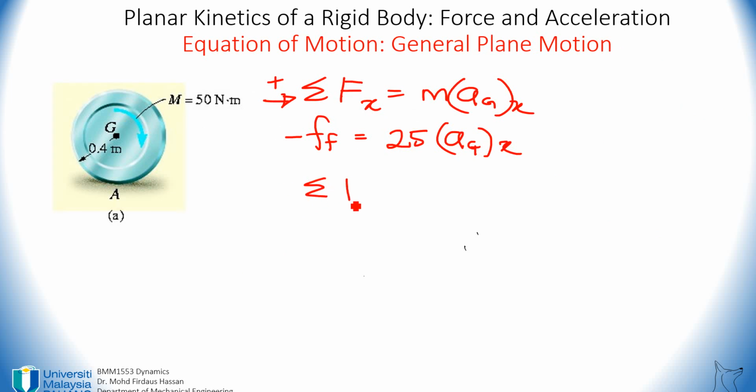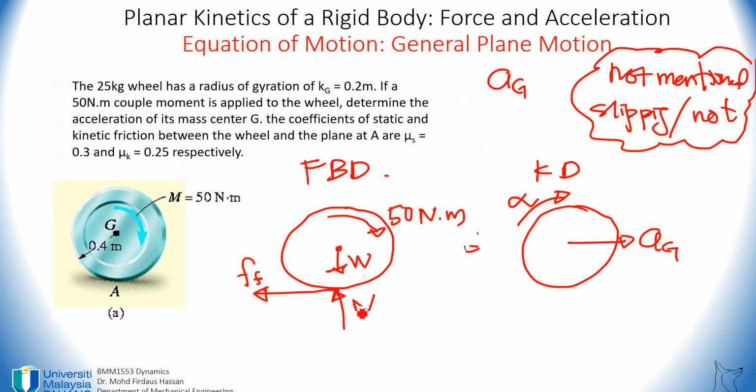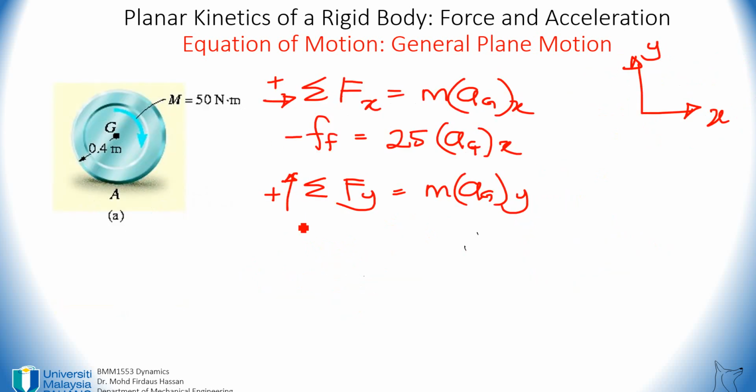The summation of force in y, upward is positive, is equal to m aG y. But don't forget, before you draw it's easy for you, draw the global axis. So we have N positive and W. N minus W, where W is 25 times 9.81.